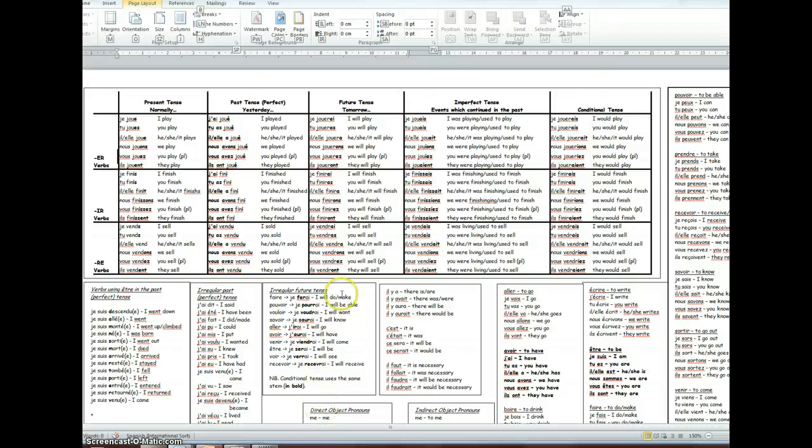So if we go back to the learning mat, the higher tier one has the endings on the back of it. And we can see ER verbs here and present tense, so we know we're in this box here. If you remember, we want "we like", so we go to "we", and the ending is highlighted in bold. Okay, that ONS is our ending.